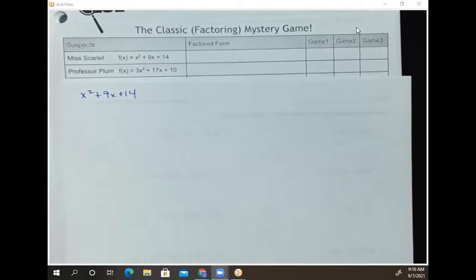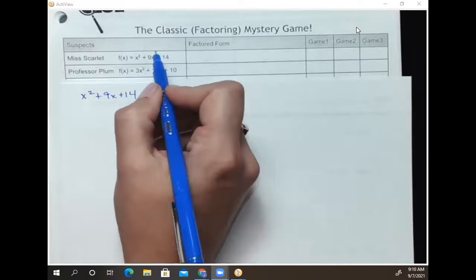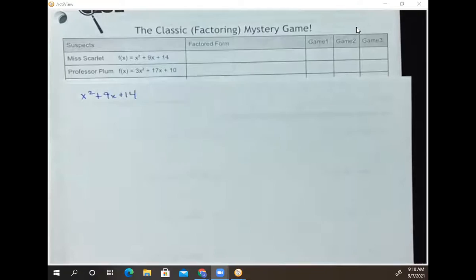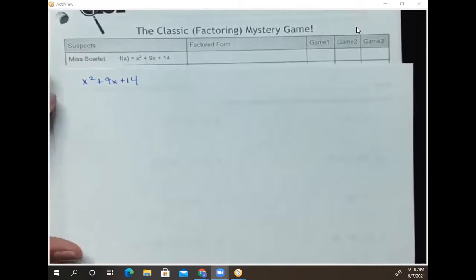Did I pick the right ones? If it doesn't distribute correctly, I have to move things around. So I personally like AC method if I've got something like the next problem, but guess and check works really well for something like this. So that's what I'm going to use here. If you have a preference and you want to see me do a problem a different way using the other strategy, then just ask and I'm happy to do that.